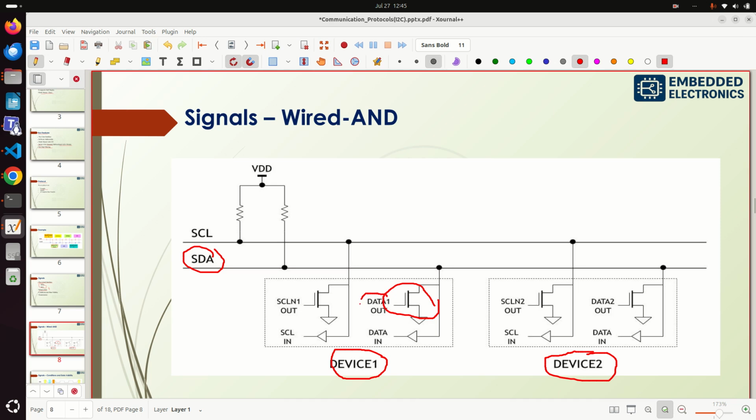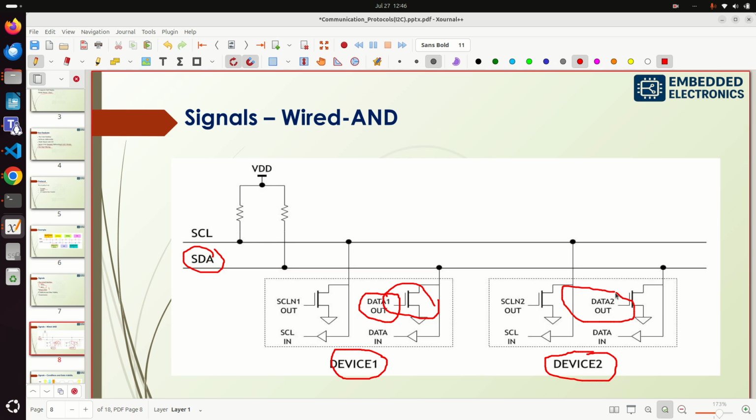Here you can see data 1 out, or here we have data 2 out. Data out is the one I use whenever I transmit data. Transmission means write, and reception means read. Whatever data you want to transmit, you can write at data 1 out or data 2 out.